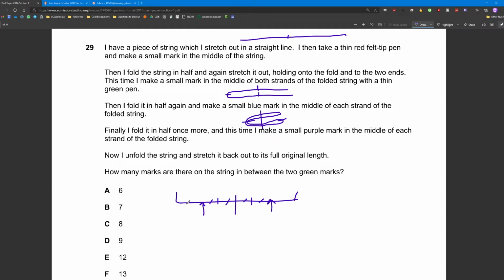And basically, it stems from the fact that each part of the string was divided by half by each mark. So you know it's all of these in between the two green marks, which are at the 1/4 and 3/4 point. So in total, 7 marks.